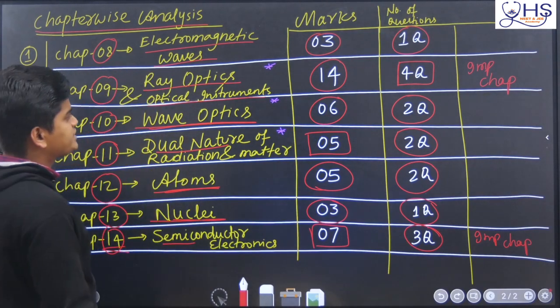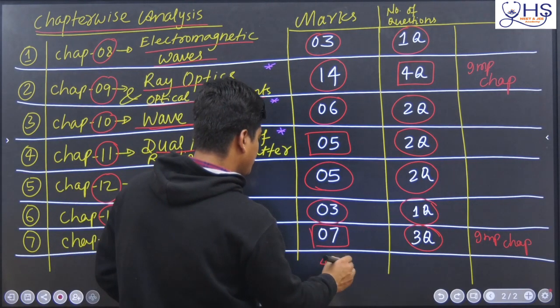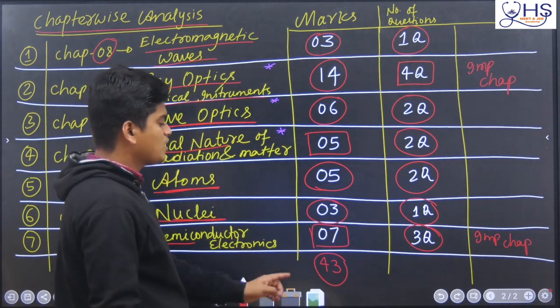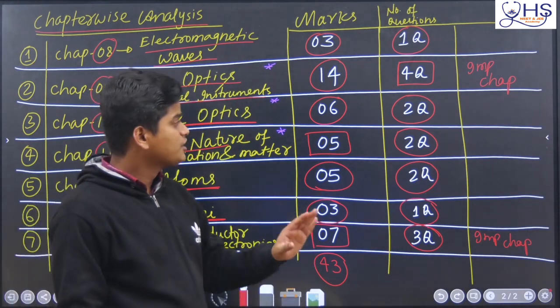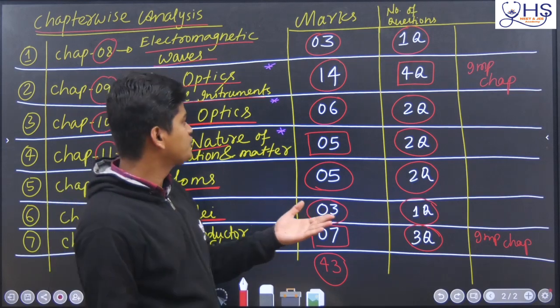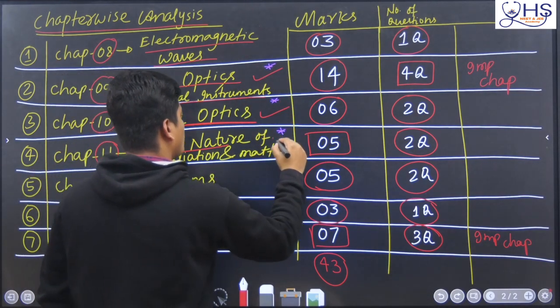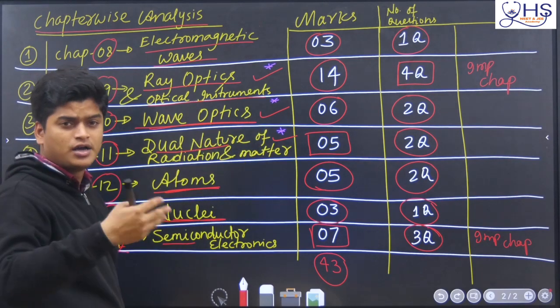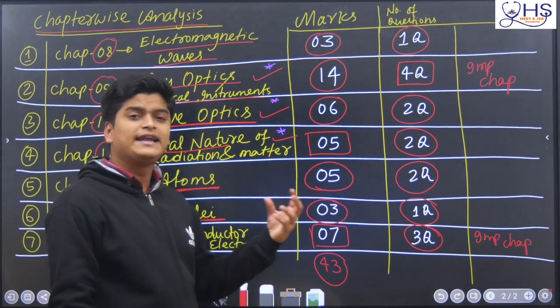Now understand, if you check this, the total marks come to 43. Why 43? Because I already told you 35 marks for 12 questions. The extra 3 questions have internal choice in ray optics, wave optics and dual nature, so another 8 marks are added.